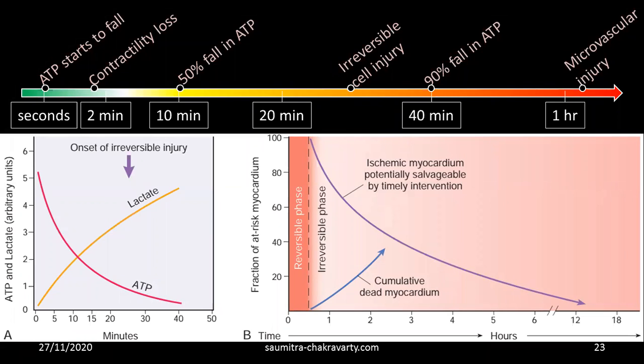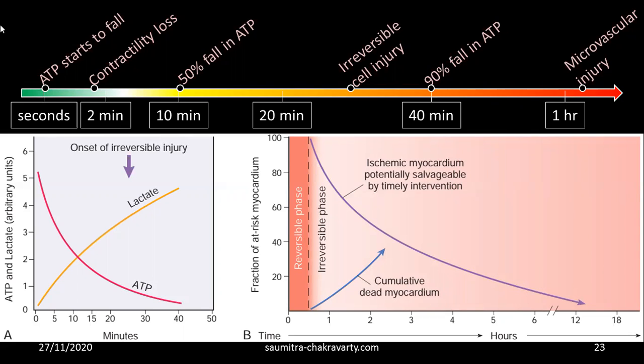Now, here is a timeline of how things get worse. At the very beginning, within seconds of myocardial ischemia, the ATP starts to fall. And in less than 2 minutes, the contractility is lost.